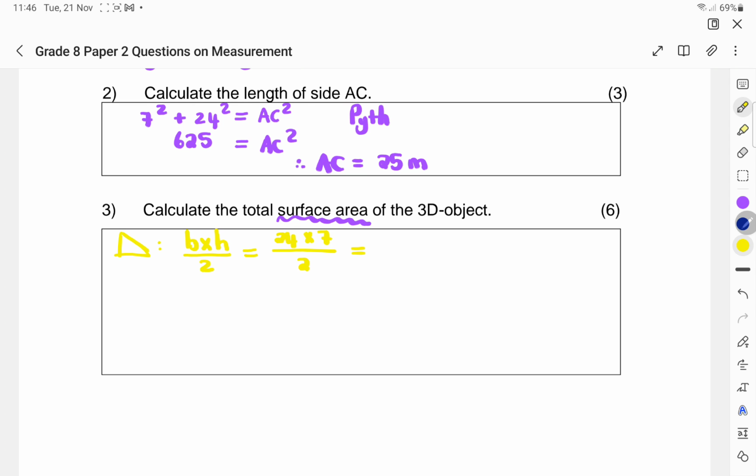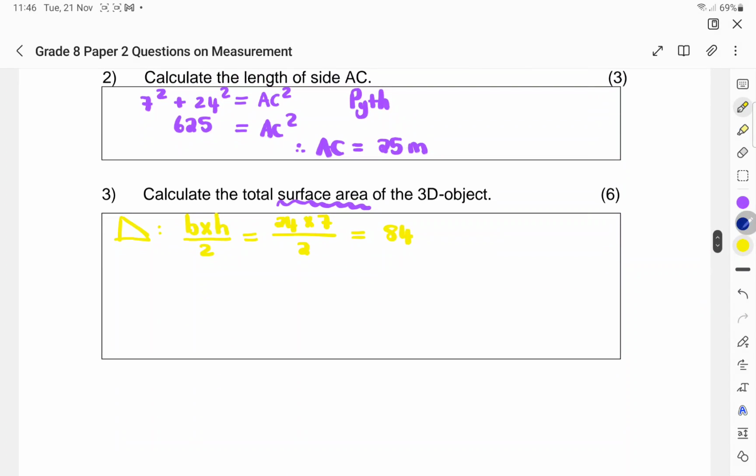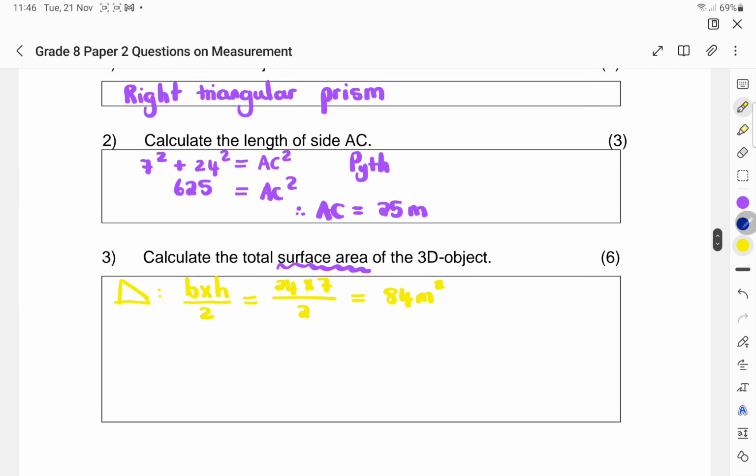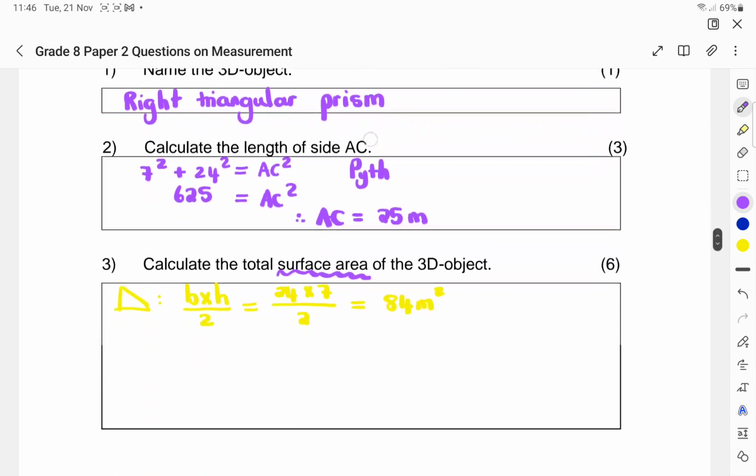You could have left the divide by 2 and the times by 2 out, but I'm just going to show all the steps. Remember, your base and your height is always attached to this 90 degrees. So that is your base and that is your height. And 24 times 7 divided by 2 gives you 84.